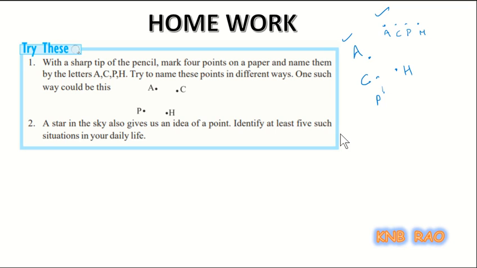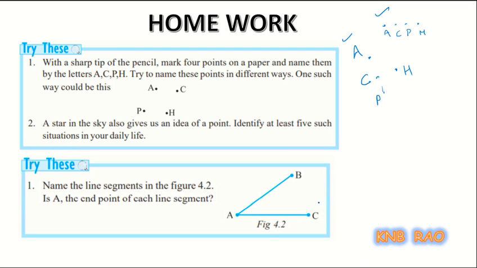Then we have one more homework which I have given you: name the line segments in the figure. Here figure 4.2, which is of textbook 1, you are asked to name the line segments. You could see line segment AB and line segment AC.